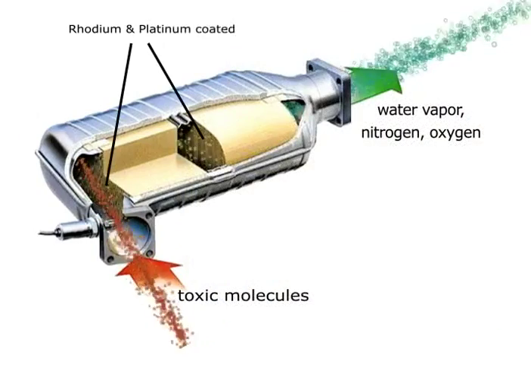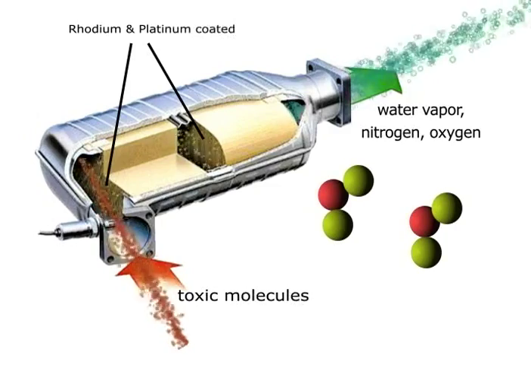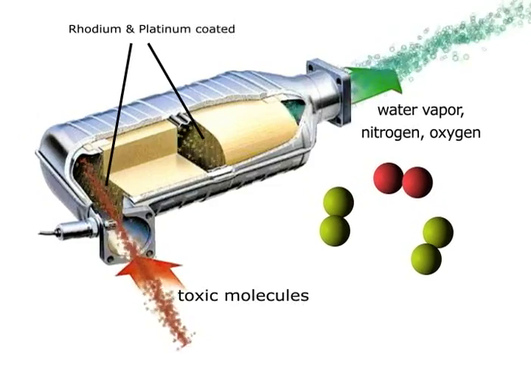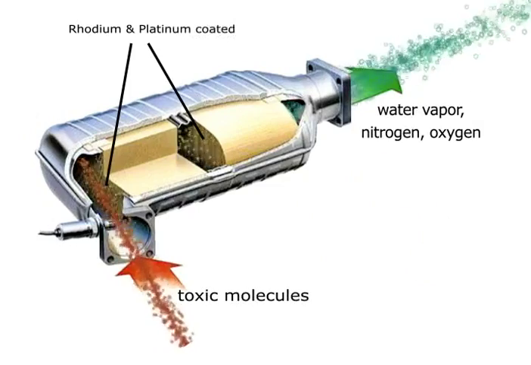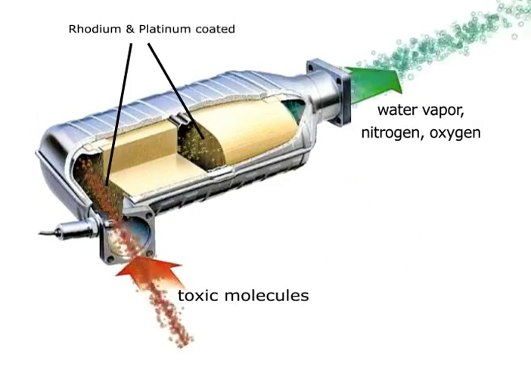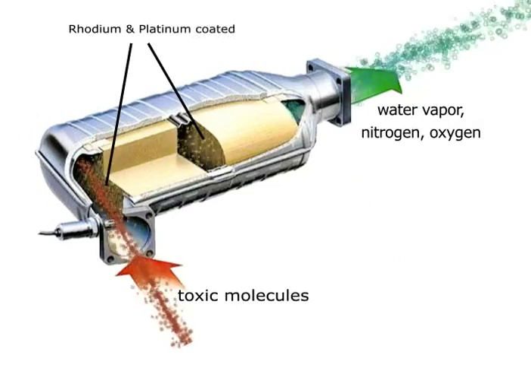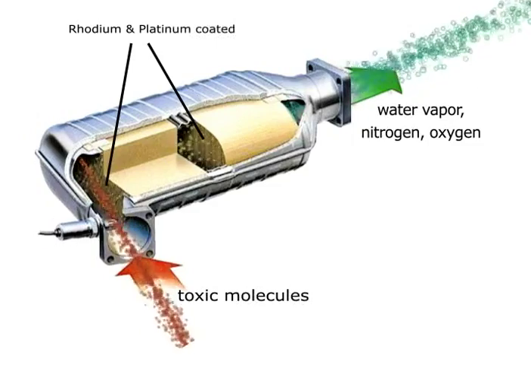By simply touching the metal, a chemical reaction takes place and the toxic nitric oxide molecules separate and recombine into harmless nitrogen and harmless oxygen. The noble platinum metal never changes. They just cause the change. They are a catalyst that converts toxic molecules into harmless molecules.